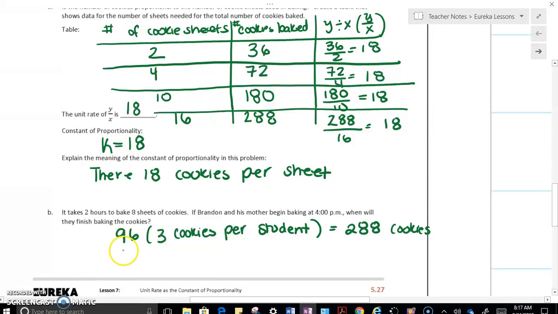Okay? And I already know I can get how many cookies per sheet? 18. 288 divided by 18, 288 cookies, is going to give me 16 sheets of cookies.